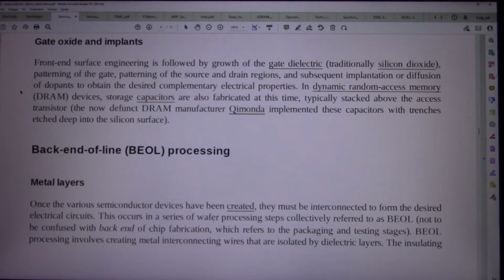In dynamic random access memory, DRAM, devices, storage capacitors are also fabricated at this time, typically stacked above the access transistor. The now defunct DRAM manufacturer Qimonda implemented these capacitors with trenches etched deep into the silicon surface.